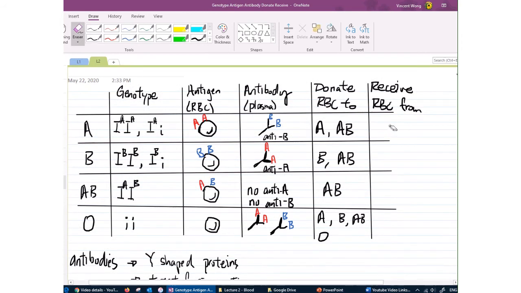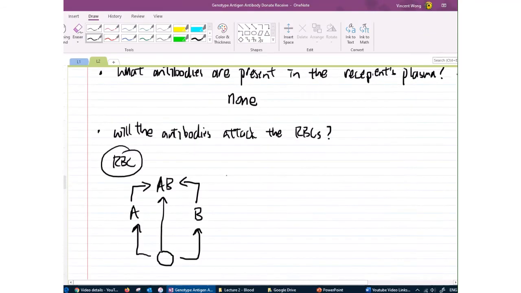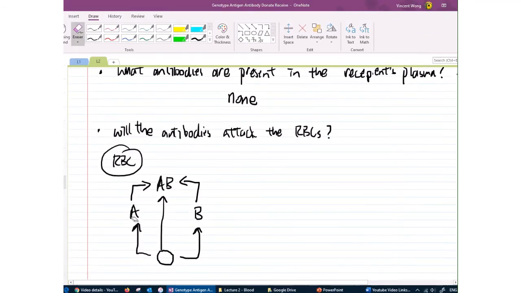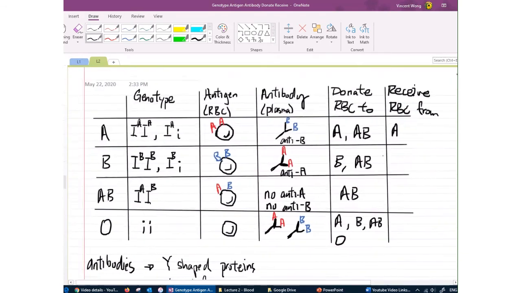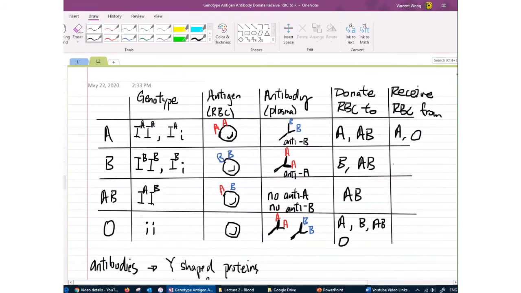Who can you receive from? Okay, so you'll be looking at what arrow is pointing towards you. So if you're type A, you can of course receive from other A's, and on the chart here, right? A, you look at what arrow is pointing towards it. So O is pointing towards it. That means you can receive from O. So similarly, type B can receive from B or O. If you're AB, then you are in luck.